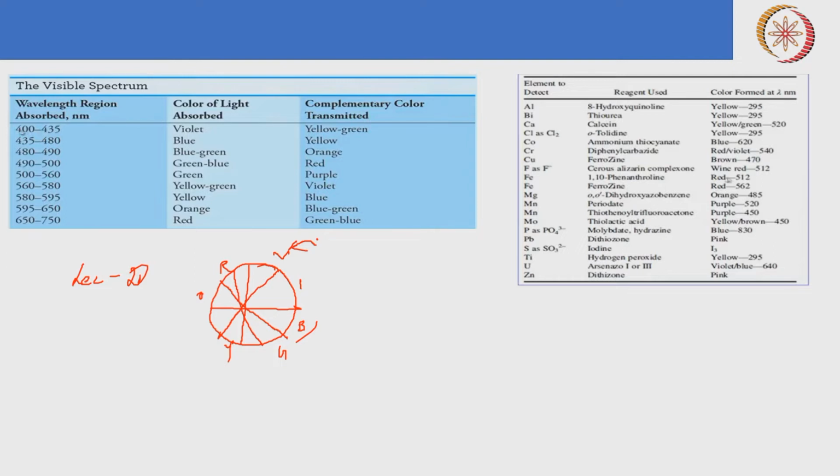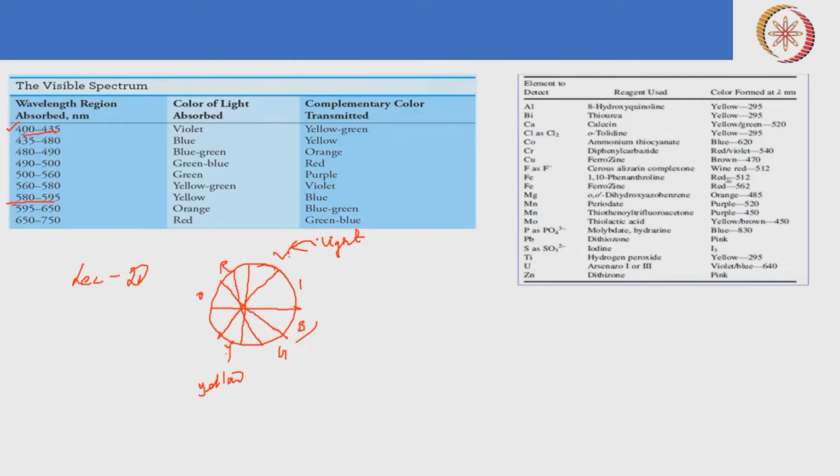So with VIBGYOR, suppose a compound absorbs some light in the violet region, 400 to 435 nanometer.